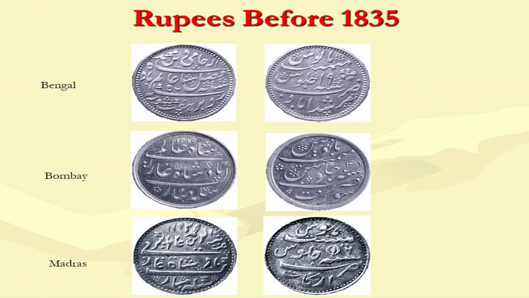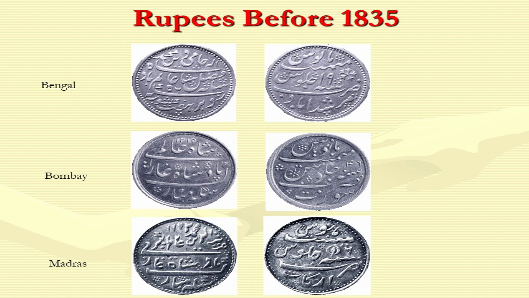So, just to remind you, before 1835, rupees for the East India Company in India looked different in the different presidencies. One thing they had in common was that they all had fixed dates, and they had fixed dates to overcome the problem of batta, which is where the shroffs or local bankers were debasing the value of coins based on their age.